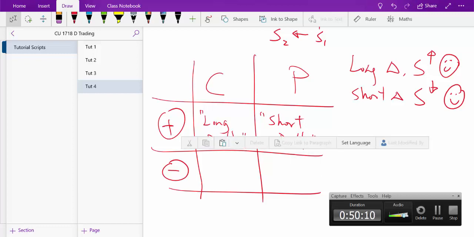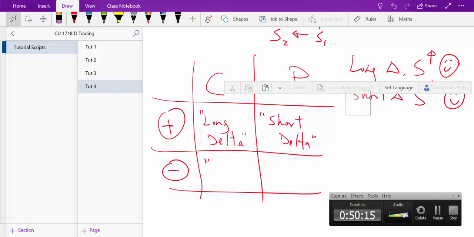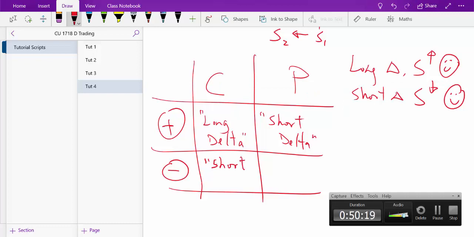Now, you can see what's coming because this very simple four-square matrix actually is symmetric. So the moment you figure out the top left-hand corner, all the other ones, basically you are just flipping them. So when you are short a call option, you are short delta. And when you are short a put option, you are long delta. Is everyone okay with that?